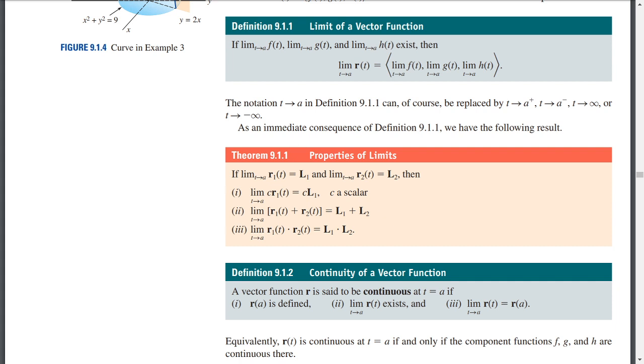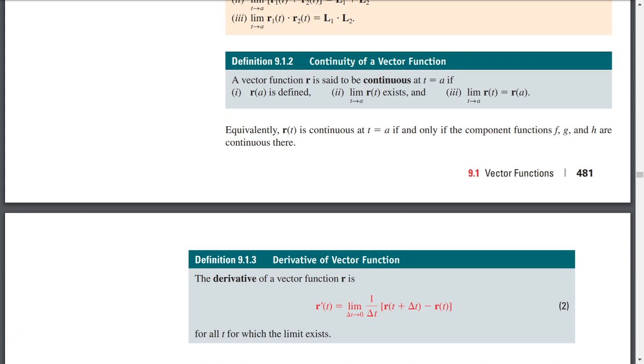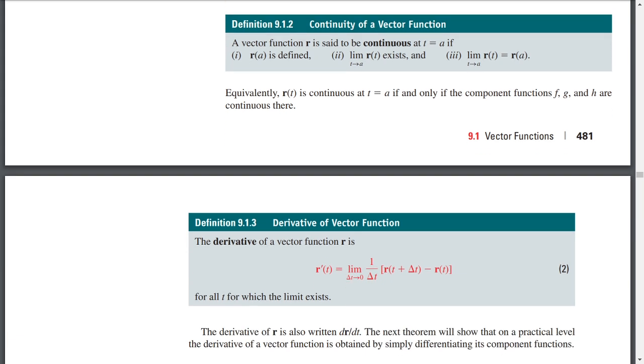Now that we have defined the limit of a vector function, we can move on to the definition of continuity of a vector function. A vector function r is said to be continuous at a point t equal to a if it satisfies three properties. First, r of a must be defined. Second, limit t tends to a of r of t must exist.